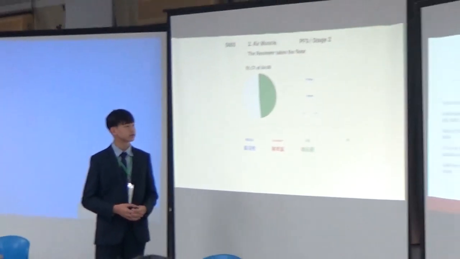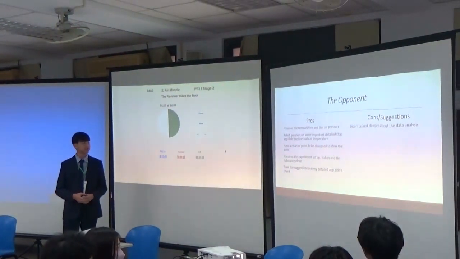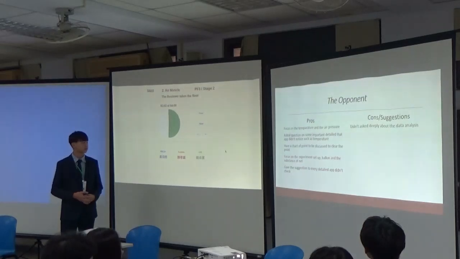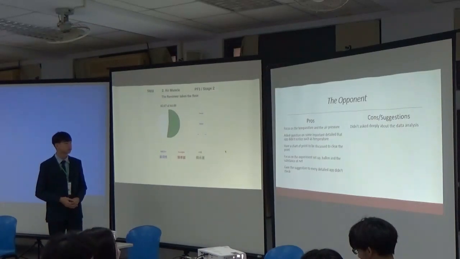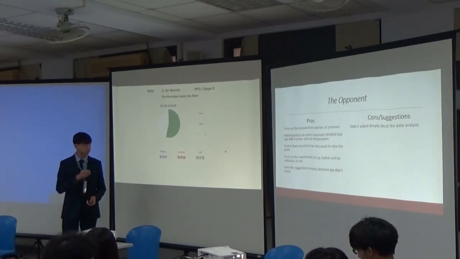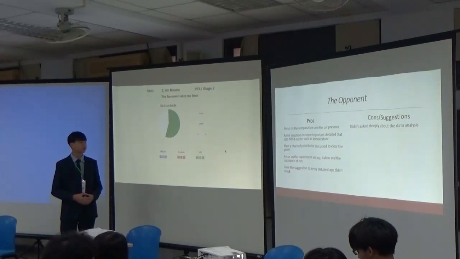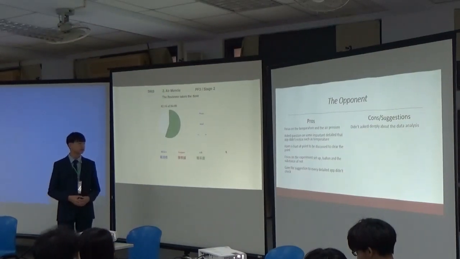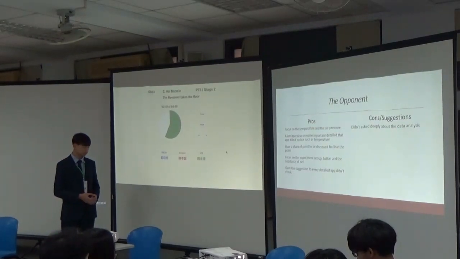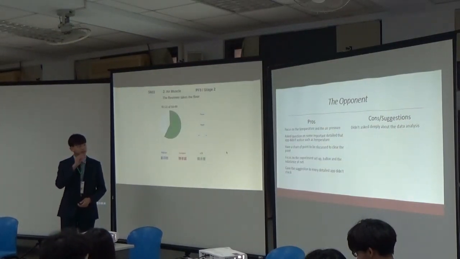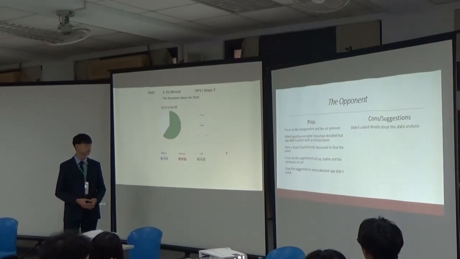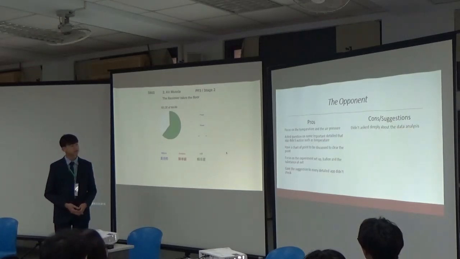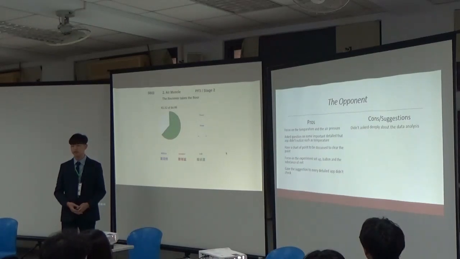The opponent's pros: focused on the temperature and the air pressure, which are details of the experiment. They asked questions on some important details that the reporter didn't notice, such as the temperature. They had a chart of the points to be discussed to clarify the points. And I think the opponent gave suggestions on every detail. Cons: didn't ask deeply about the data analysis.